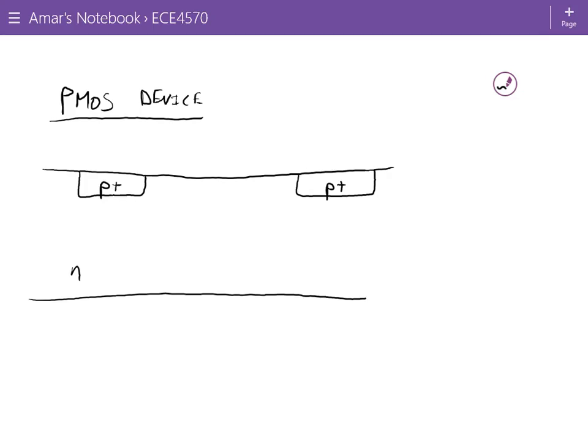Why are they P+? You can ask a lot of questions as we're doing this. I think it's good for review. Yes, so you get an ohmic contact, right? When we deposit a metal over this, eventually we're going to make a contact here. We actually deposit a thin layer of metal over this to make a nice electrical contact. So in order to ensure that the metal to semiconductor contact is an ohmic junction, that's why the source and drain regions are made P-type.